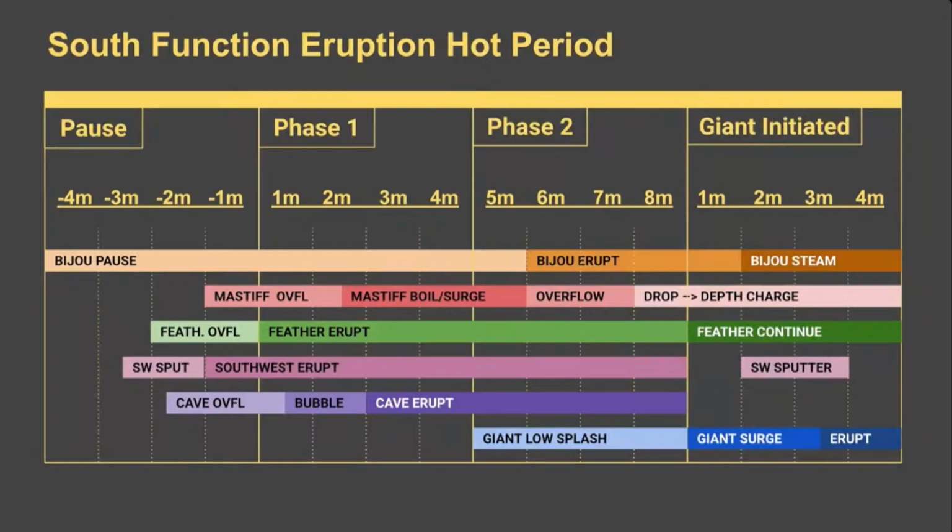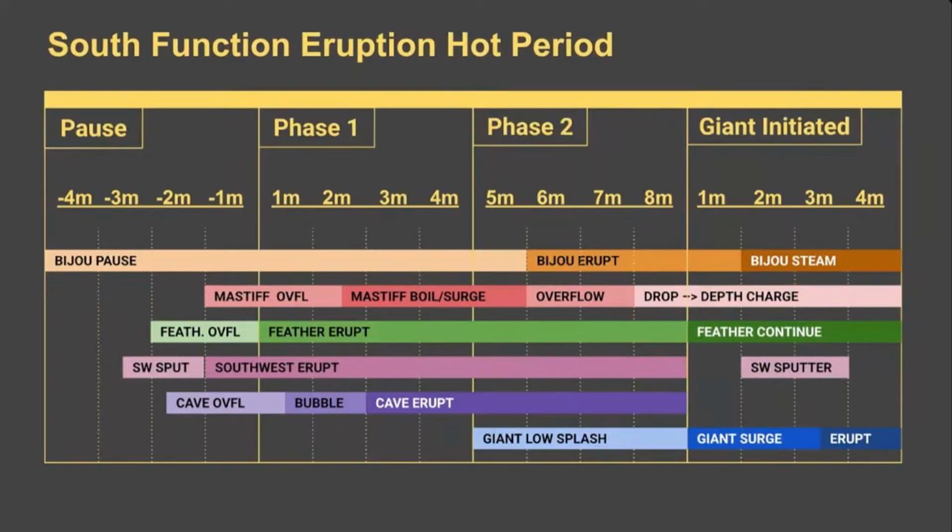And the other outlier with South Function is to kind of scrap the whole first part of this timeline because the hot period starts very, very slowly. Not much going on. Maybe just Feather and Southwest, a little trickle of runoff from Mastiff, but it's just kind of hanging in there.